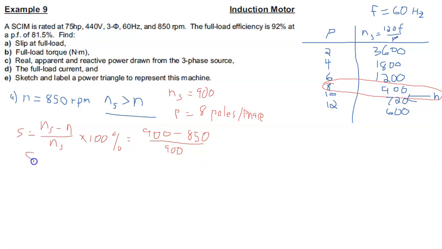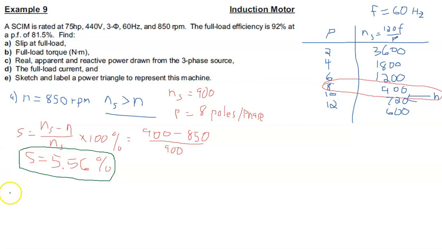So 50 over 900, multiplied by 100 to convert it to a percent. 5 point, and my note says 5.5, but I think we should be rounding that up, right? Yeah, so we should call that 5.56%. So the slip then is 5.56%.